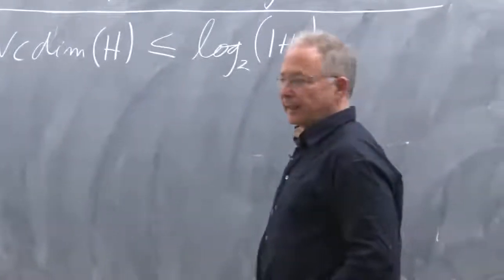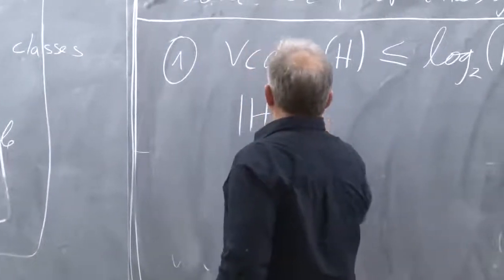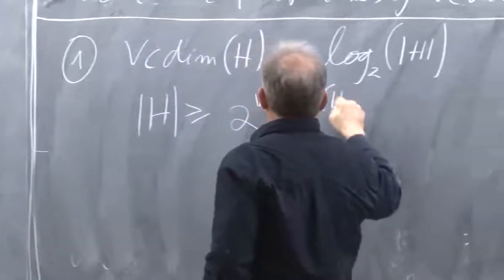It is just like saying that the size of H should be at least 2 to the VC dim of H.